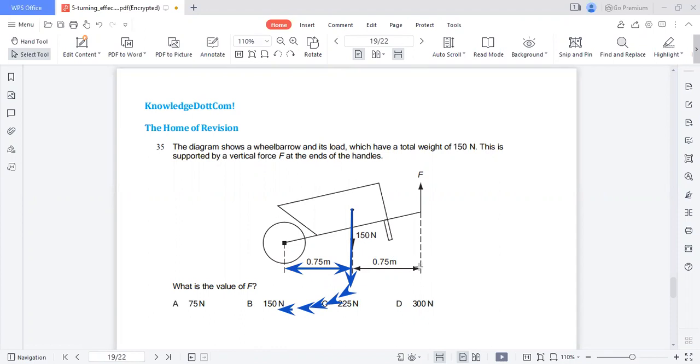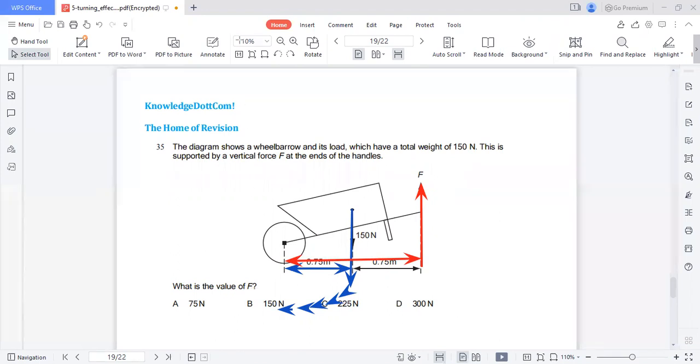Here is another force, and the perpendicular distances are 0.75 and 1.5. What is the value of F?